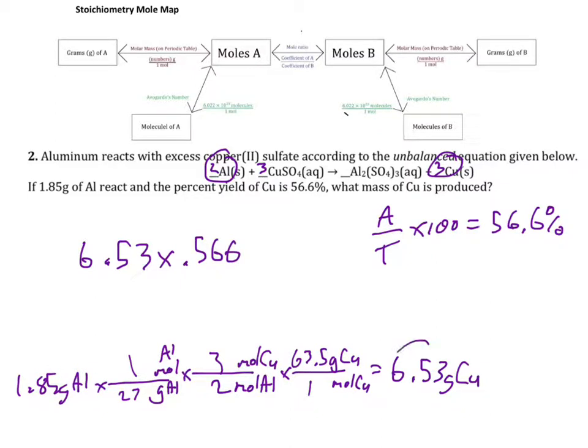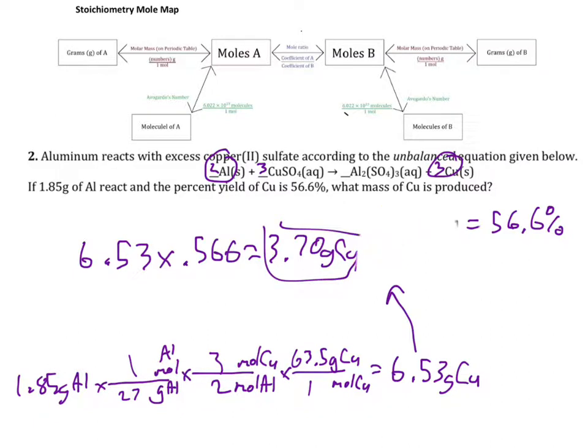We multiply it by the percentage in decimal form, and that will actually give us the answer. If you want to, though, you can totally plug it into that equation, and you'll see it mathematically is exactly the same. So what this reaction will do is produce this many grams of copper, and this is the answer here.